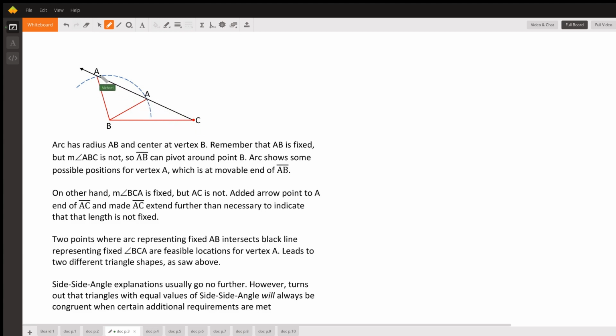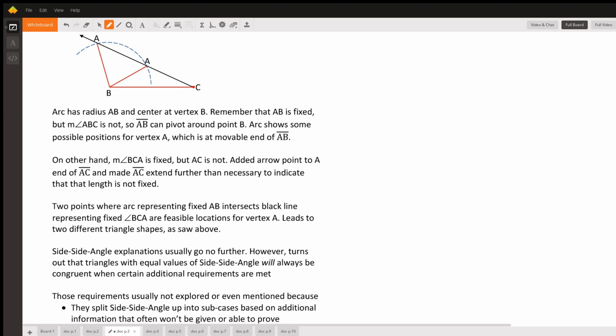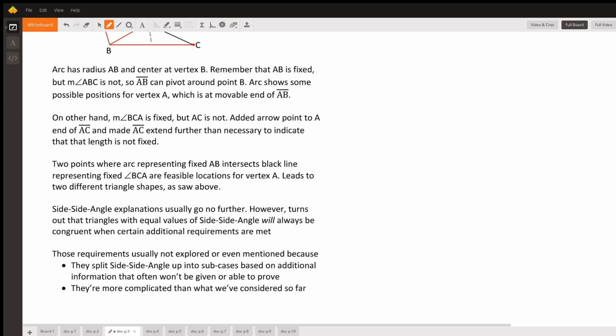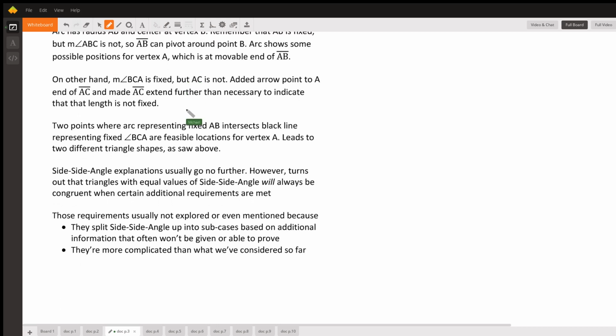So the points that work for both have to lie on the arc and on the line. And so here and here work, the only points that work. That's how we get two possible triangles out of it. And this is just explaining what I just said.